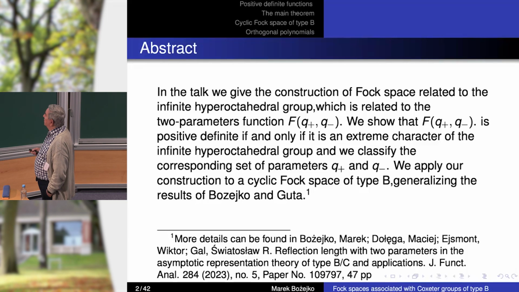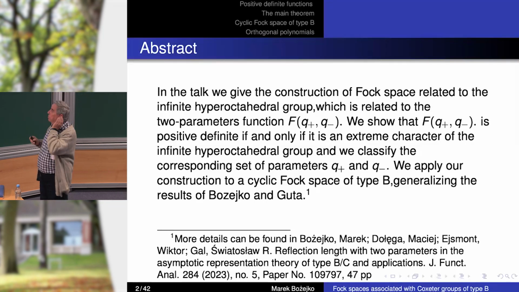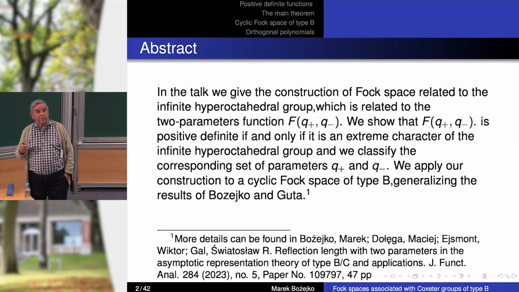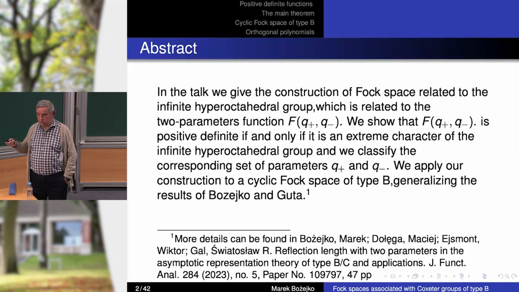in our talk we use the infinite hyperoctahedral group. I will be explaining more. And we found a two-parameter deformation with q and q minus 1, which is positive definite. And this is important for us, positive definiteness, because this is related to symmetrizators.